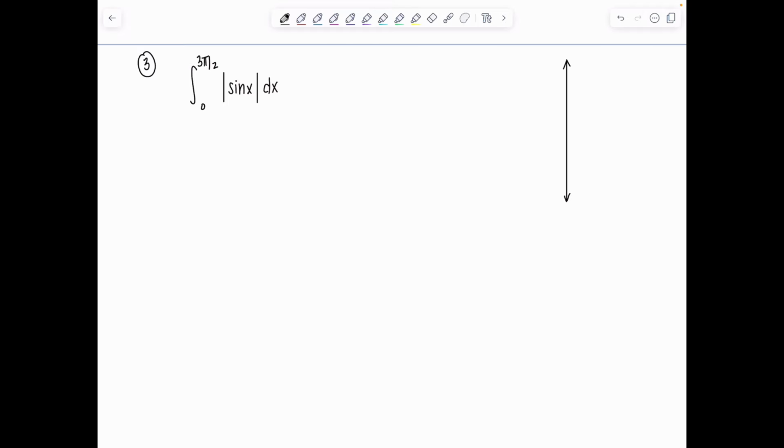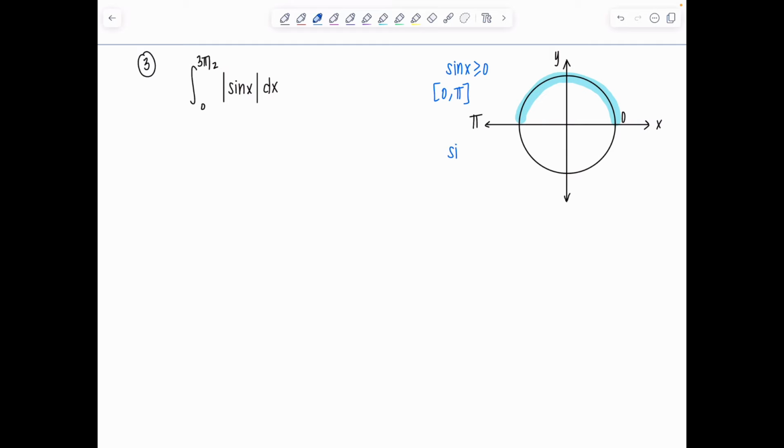Sine is positive when the y values are positive. Yes, good. So that happens. Here's x, here's y. Here's 0, and here's pi. So between 0 and pi, sine of x is positive, 0 to pi.